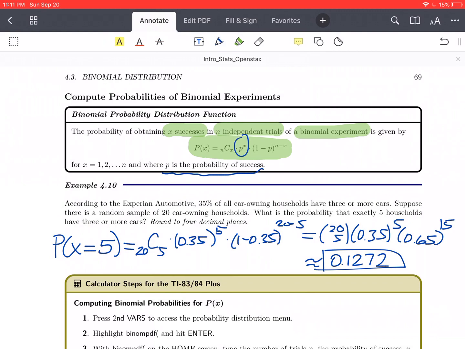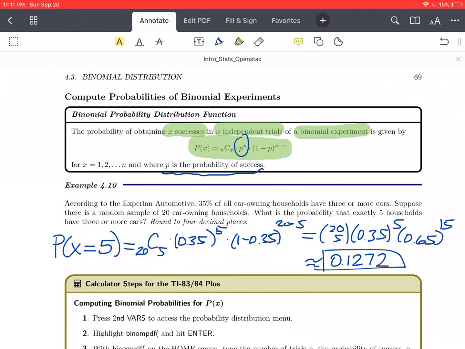So the probability that in our sample of 20 households exactly 5 of them have 3 or more cars is about 0.1272. That's telling us there's about a 12 to 13% chance that that would occur.